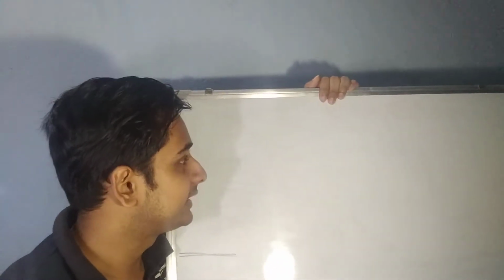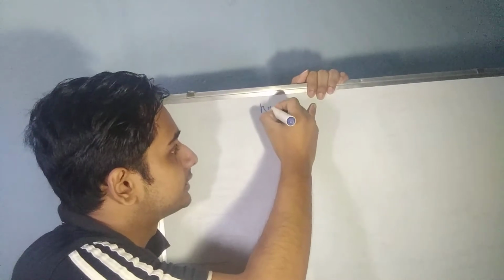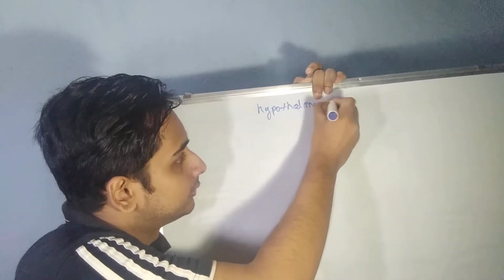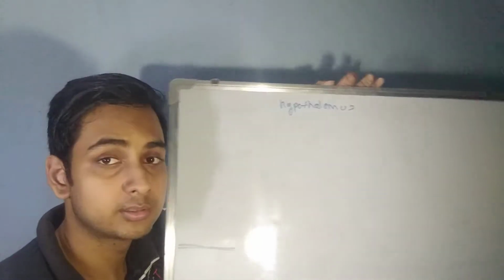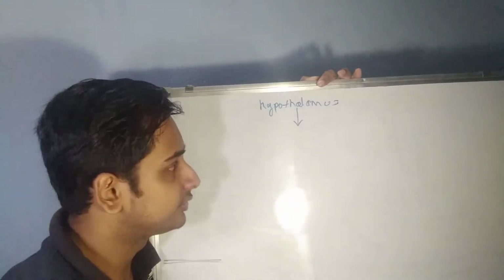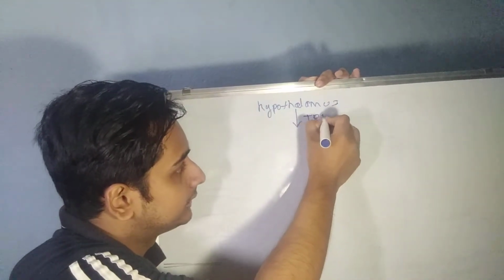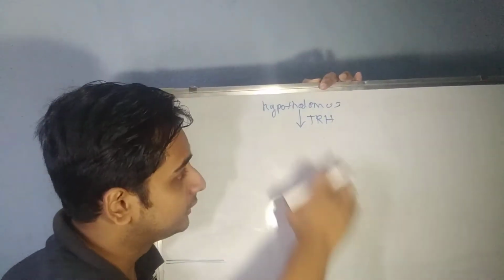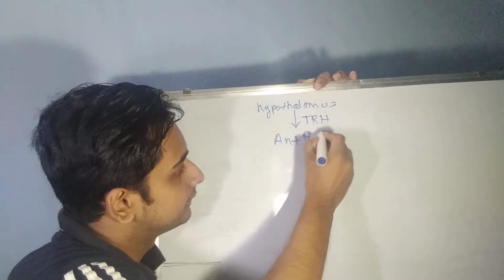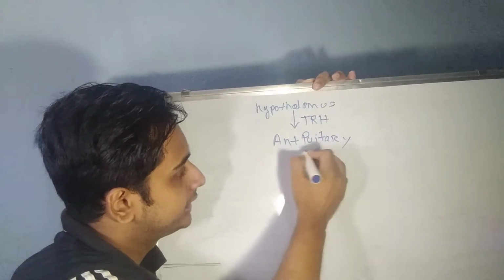Okay, so to understand this, we have the hypothalamus. Now from this hypothalamus, there is a hormone release which is known as TRH. Now this will go and act on the anterior pituitary.